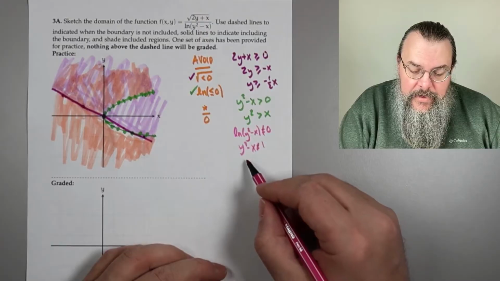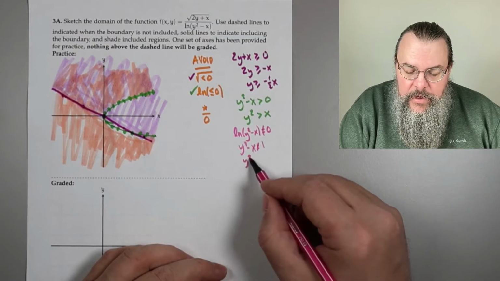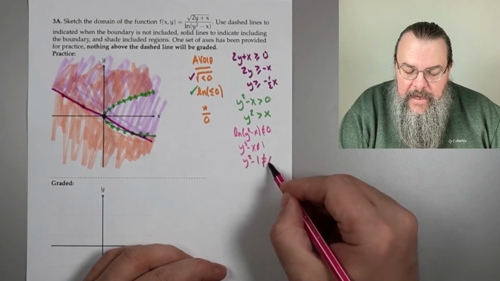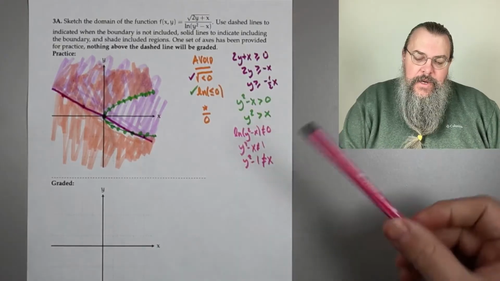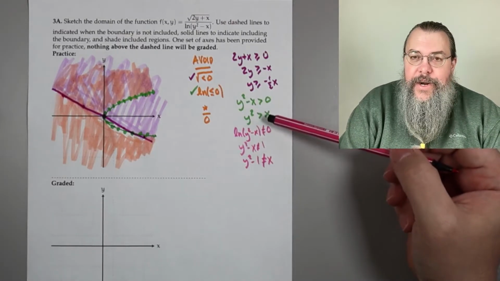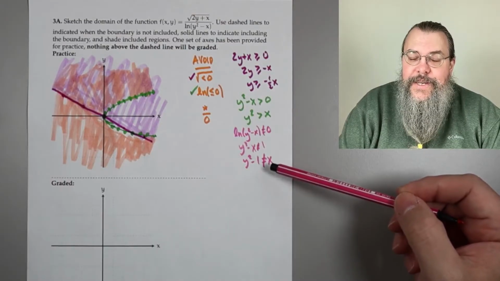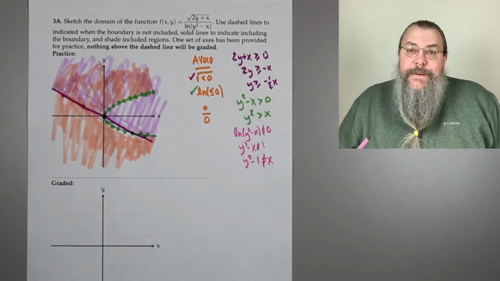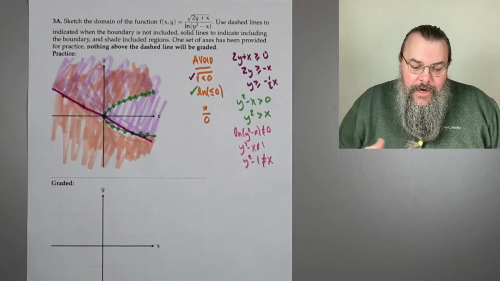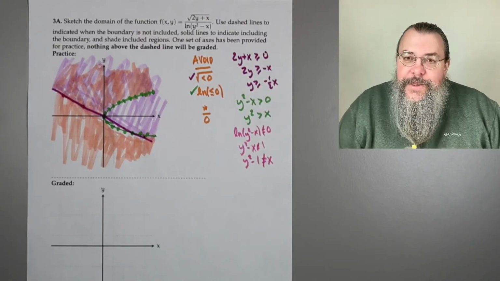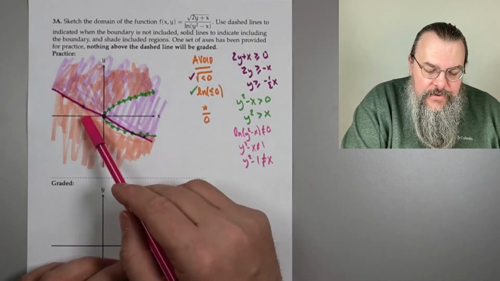I'll move it around, so that says y squared minus 1 cannot be x. What's happened? We had x and y squared, and that was the parabola. Here we have x and y squared minus 1. So it's also a parabola, but now it's shifted. You have to ponder for a moment, what does it look like, and how did it shift? Because there are different ways it could shift.